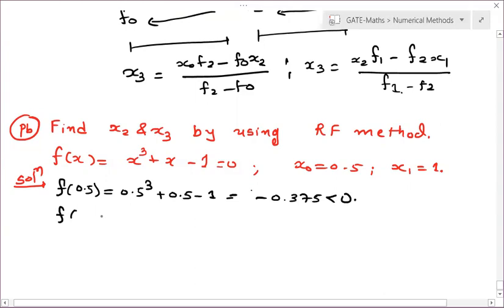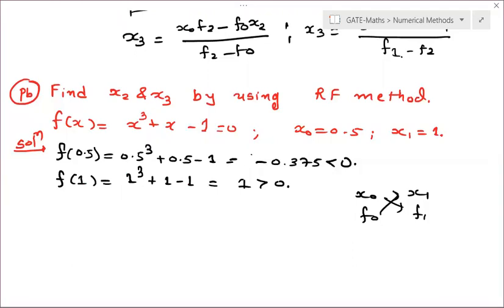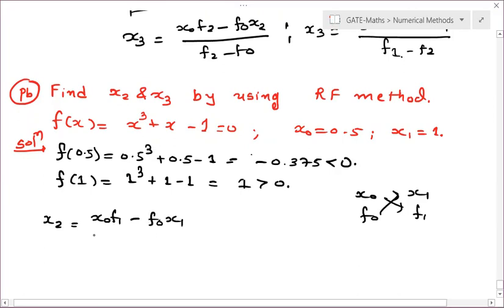F of 1 is 1 cube plus 1 minus 1, which is 1, greater than 0. So we can find x2 easily. Just remember x0, x1, f0, f1. Here your x2 is x0 f1 minus f0 x1 divided by f1 minus f0.